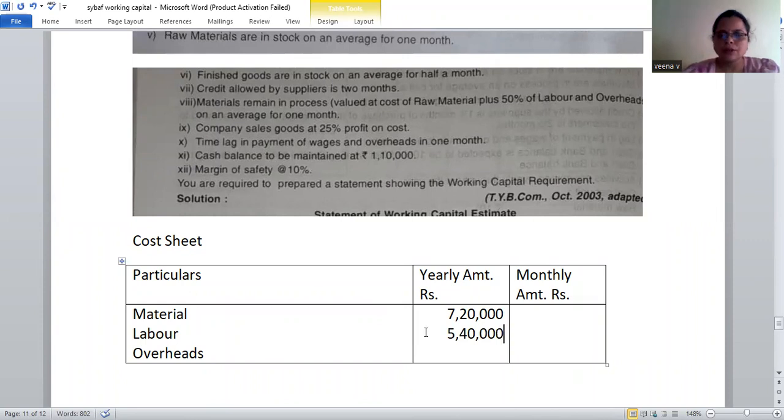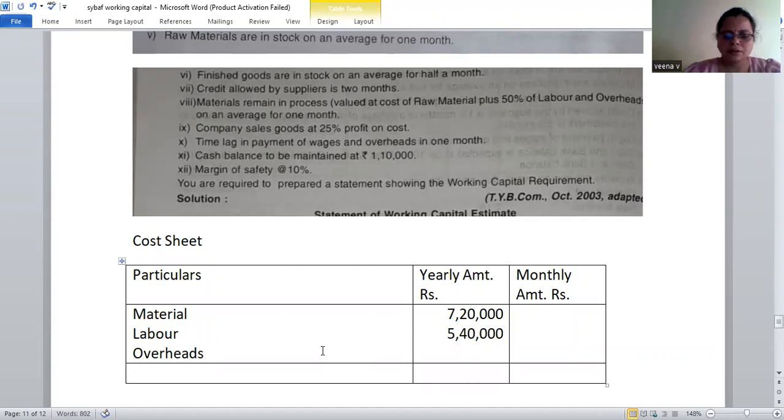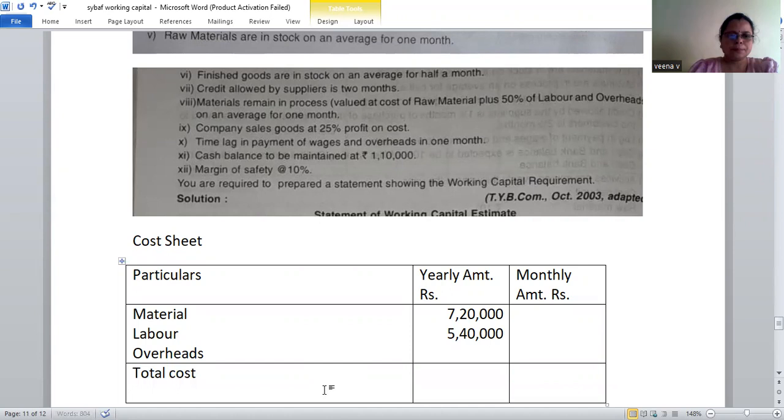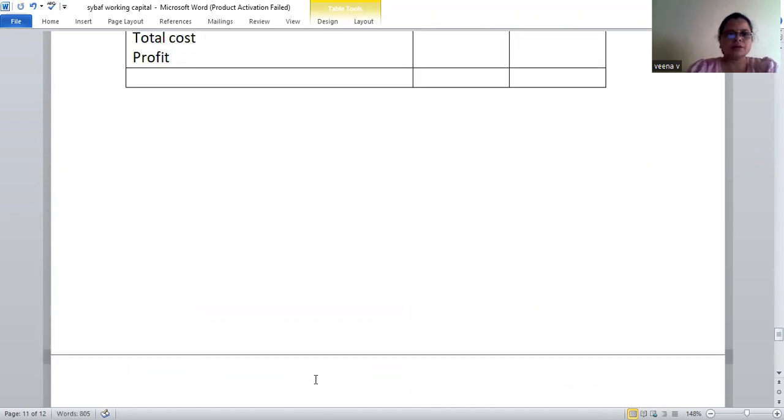About overheads, they have given nothing, so we have to find it out. After overheads, we have to write total cost, then profit, and then we will get selling price.